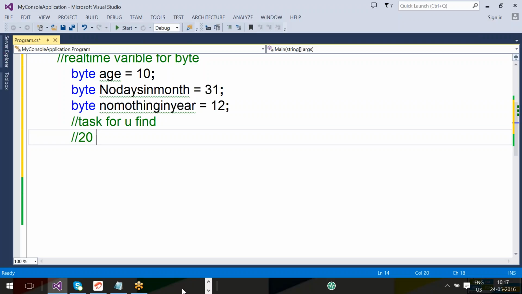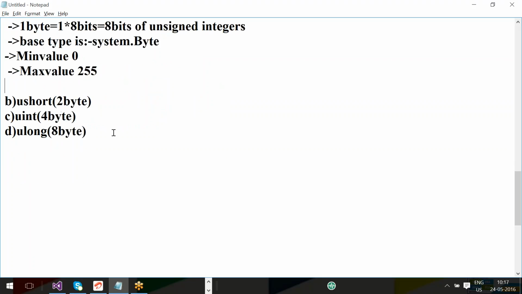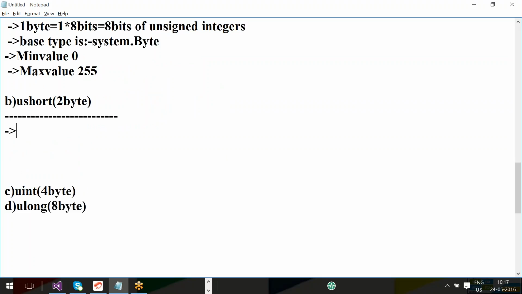Okay, now the next data type. Byte is over. Next is U short. U stands for unsigned. U stands for unsigned.